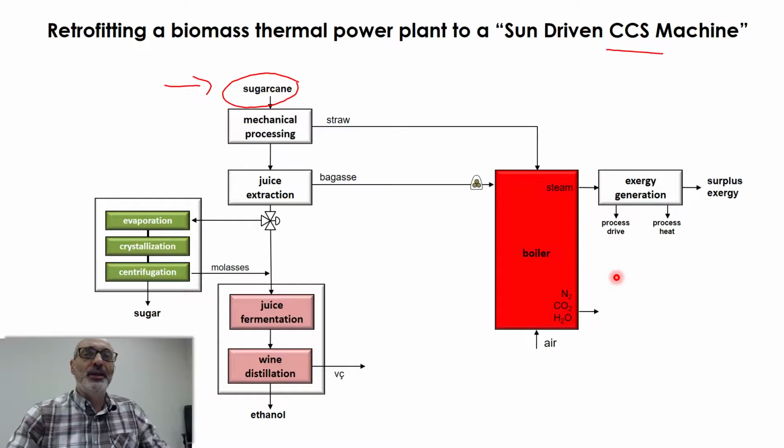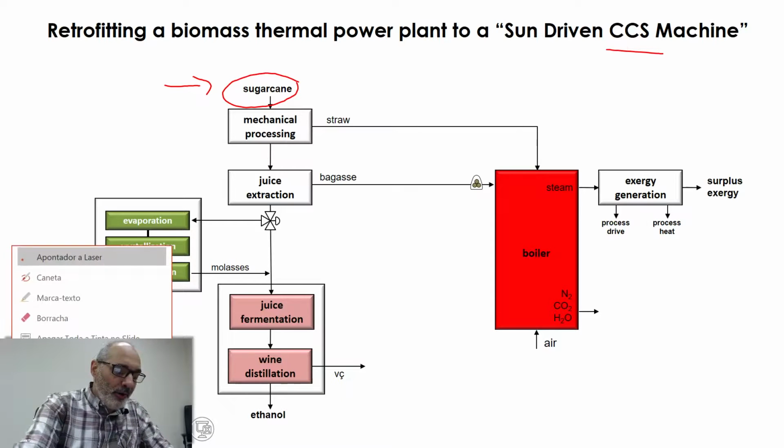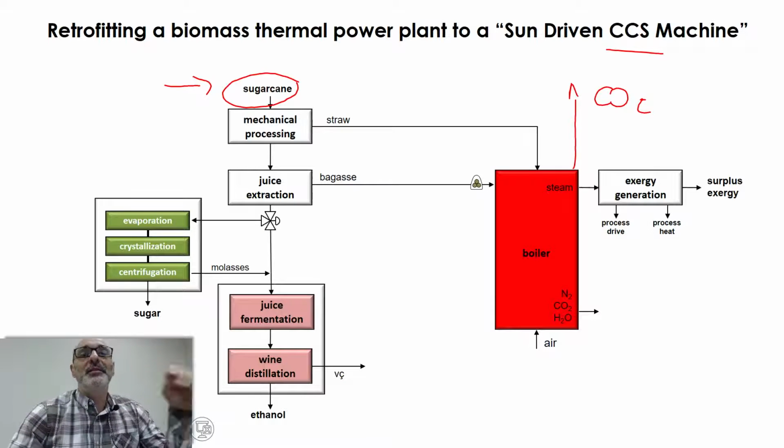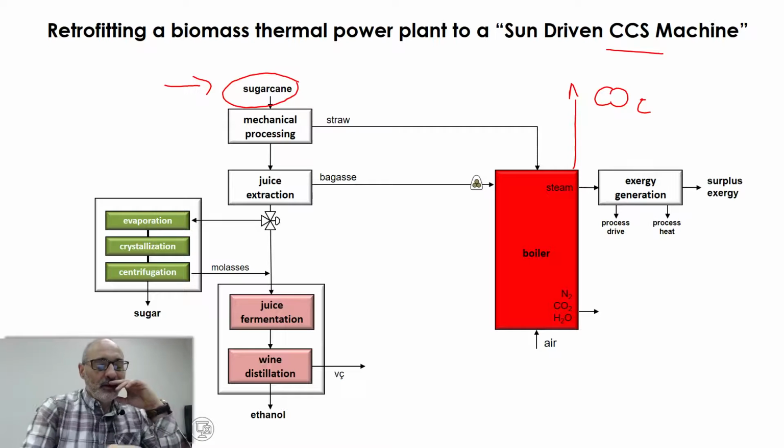So this is a typical sugarcane mill here in Brazil, and I want to show you what changes we need to implement in order to transform it into a CCS machine. First, where are your emissions? CO2 is emitted here on the boiler's stack. CO2 is also emitted here in the fermentation process, at 100 tons per hour.